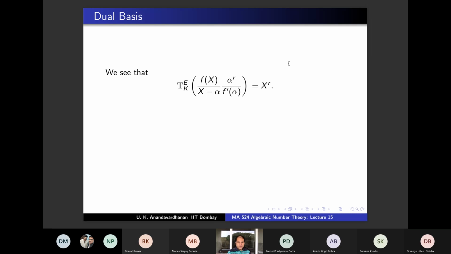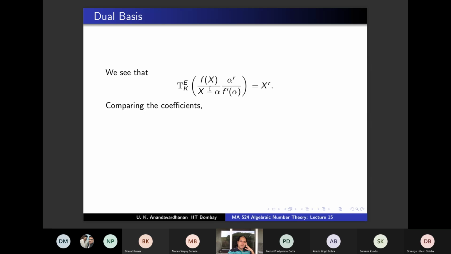And what is the definition of trace? On the coefficients you apply trace and leave the variable x as it is. That's my definition of trace. So from this you can compare the coefficients and what will you get? If you compare the coefficients, what is f(x) by x minus alpha? It is b0 plus b1 x plus etc. So what will be the coefficient of x, for example?